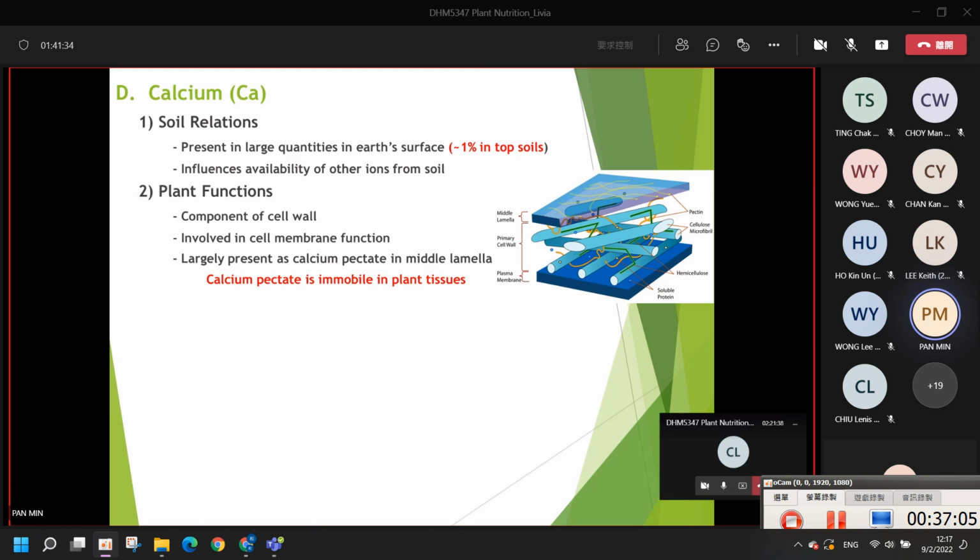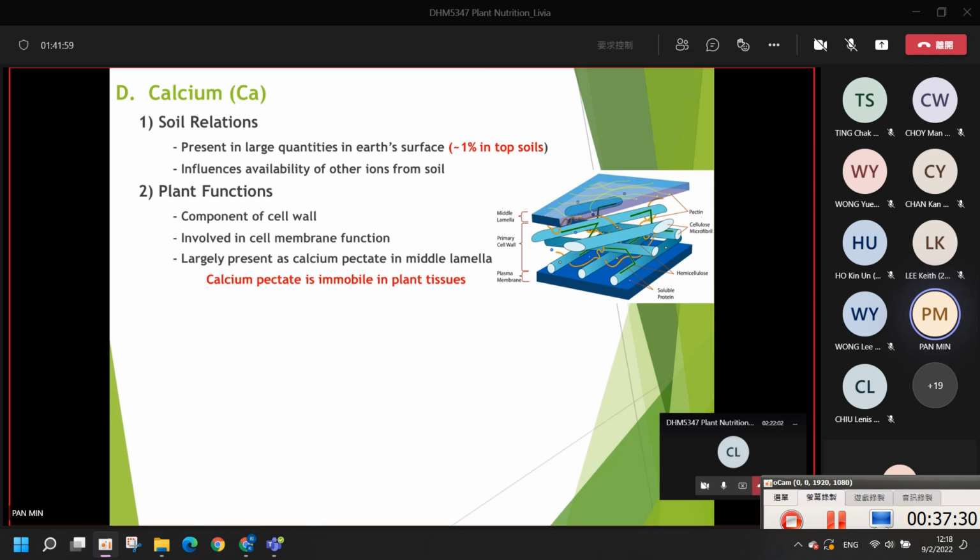And it also influences the availability of other ions from soil, for example the phosphorus, which easily combines with the calcium ion because it shows abundance, having a lot of calcium ion in the soil solution. Easy for them to combine with the other anion forms of nutrient ions.